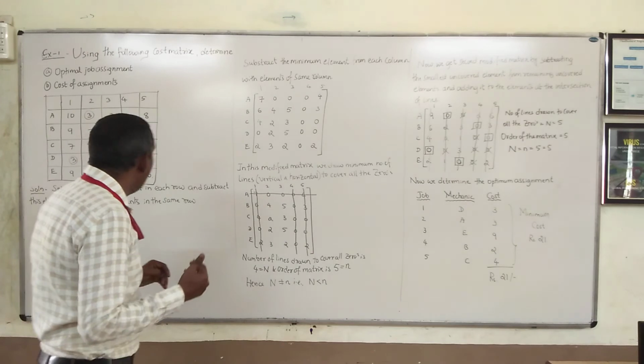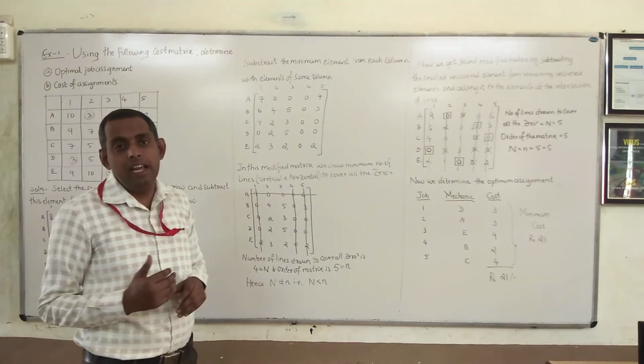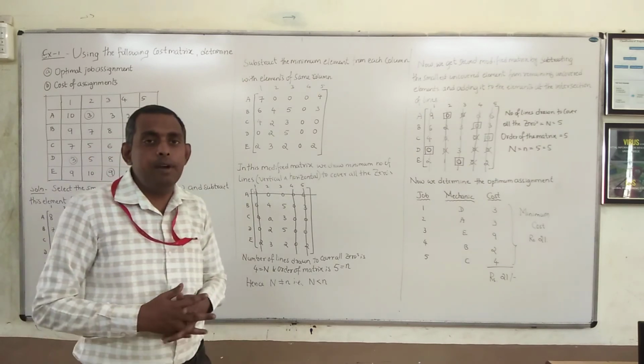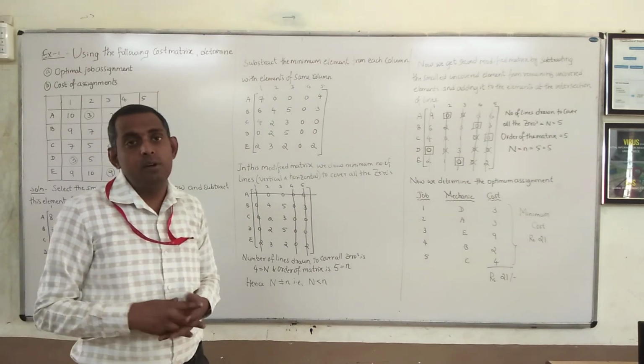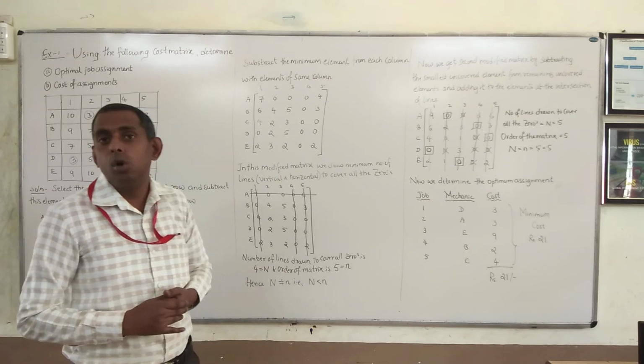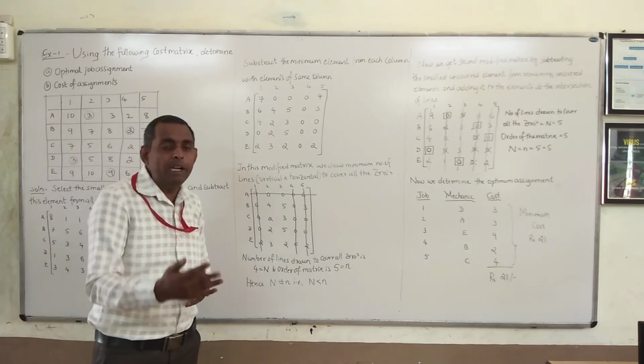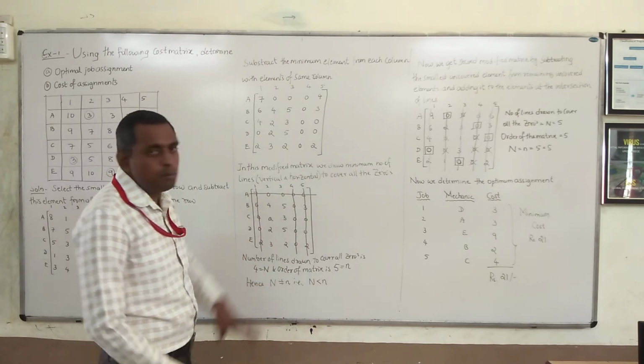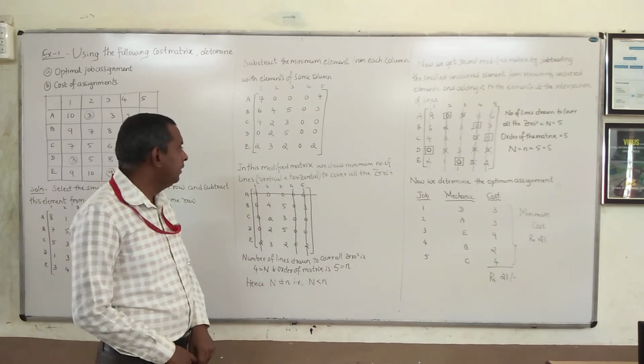Fine. Select the smallest element from each column and subtract that element from the other elements of that respective column, and repeat this with all the columns. So when we do this, we get the first modified matrix.